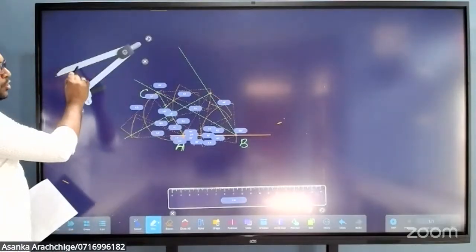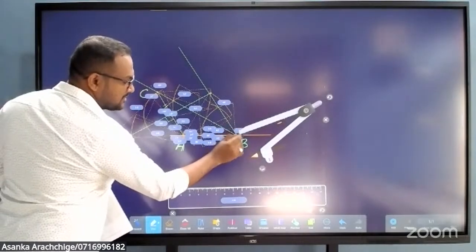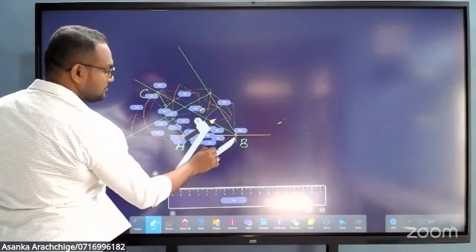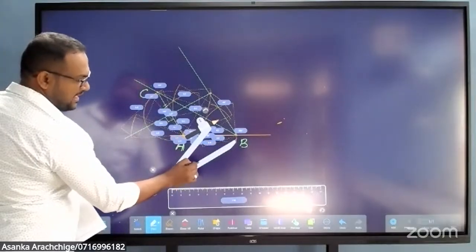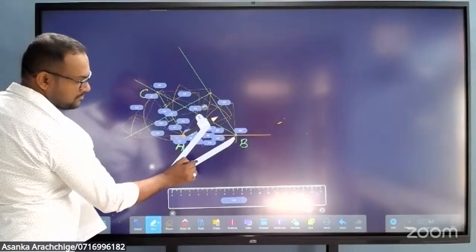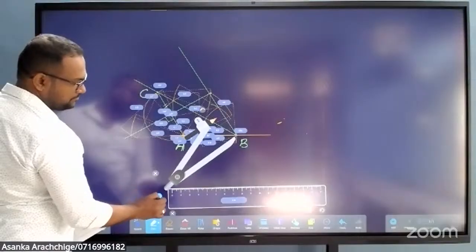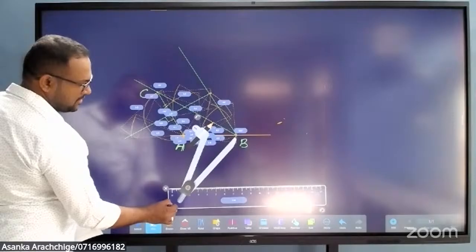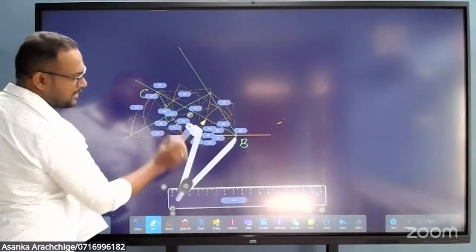So I am going to keep this 30-degree angle at A. Already we have an arc drawn, so I am going to use the same arc, or if you want, you can use a different arc. I use this arc.